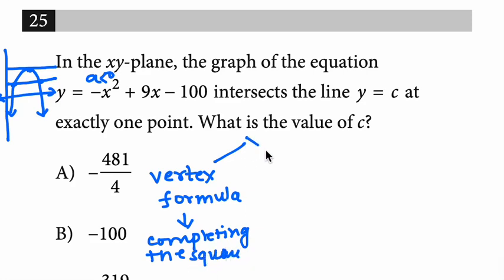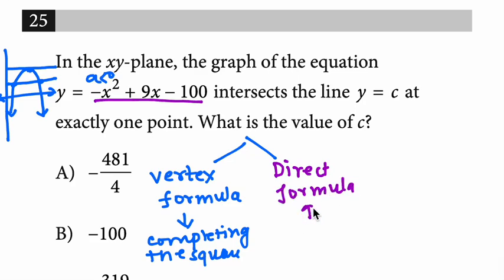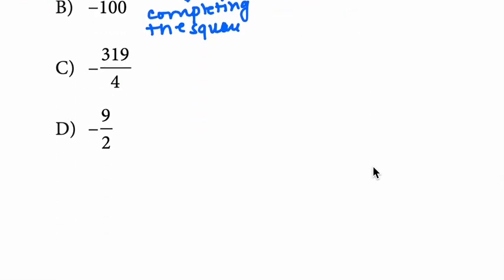Second, if we have the standard form of the equation, we use the direct formula. I'm going to discuss it, and this is considered to be the best and the shortest method. And the third one is the discriminant method.